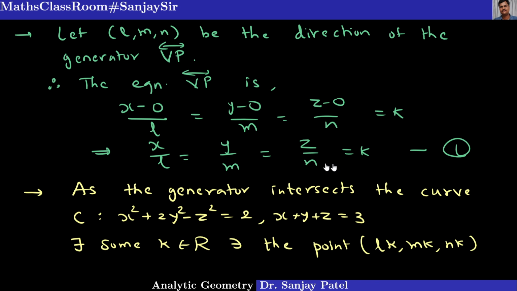As you know, from this equation 1, we can find any point on the line. So x is equal to L into k, y is equal to M into k, and z is equal to N into k.